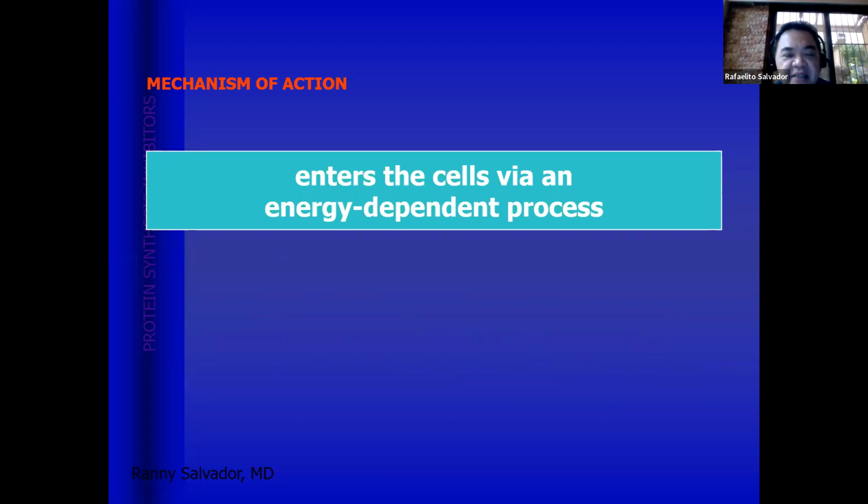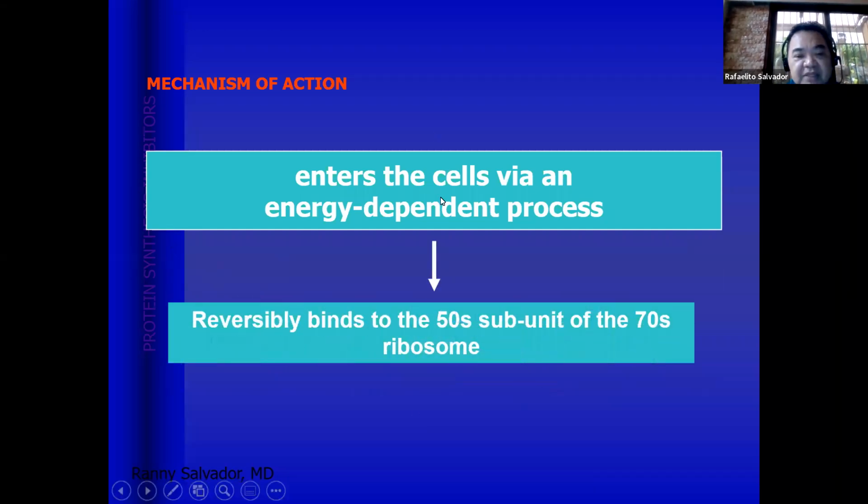Before acting, the antibiotic enters the cell via an energy-dependent process, and if you recall the previous topic we had, those are energy dependent. It reversibly binds to the 50S subunit in the 70S ribosome.